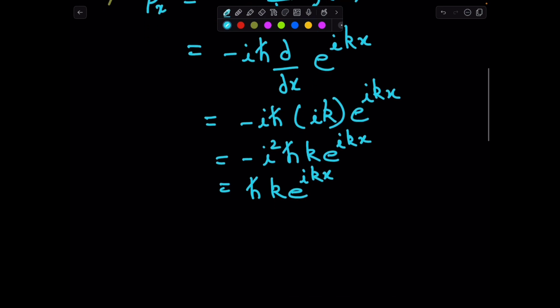This can also be written as h cross k psi. So operating the linear momentum operator on psi gives us h cross k psi.